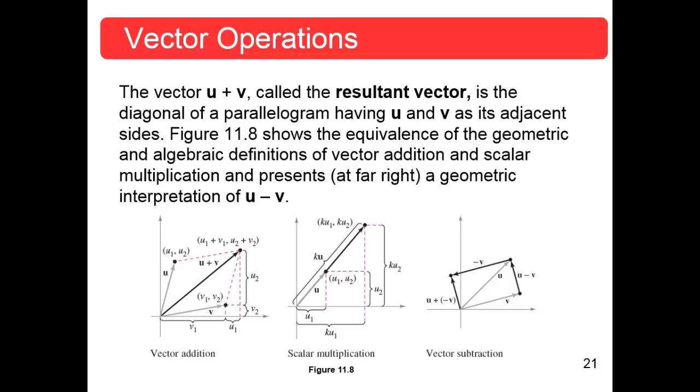Now, here's your vector subtraction. If you start with u and are going to subtract from it v, then you do u plus a negative v. Negative v is going to be in the opposite direction, so put its initial point at the terminal point of u, and then draw it in the opposite direction, negative v, and this will be your resultant there, vector subtraction.